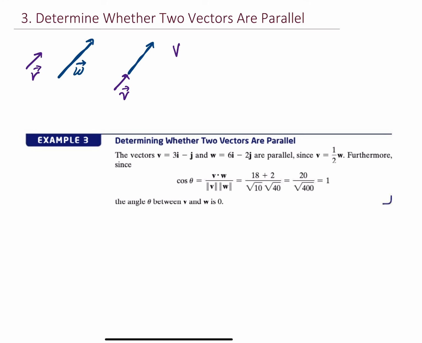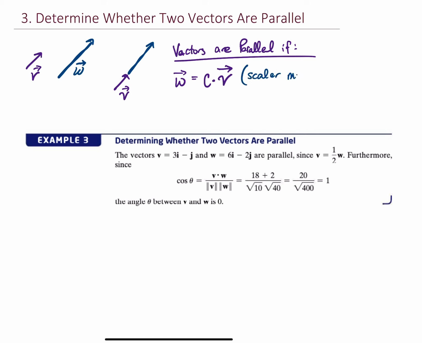So we can say vectors are parallel if we can say some vector w is c times some vector v. So some scaled version, a scalar multiple, that would be the technical term. Or another way to test would be to show that the angle between them is 0.